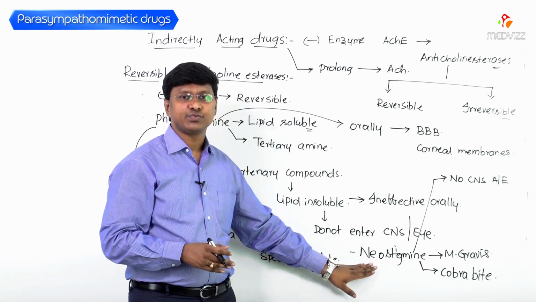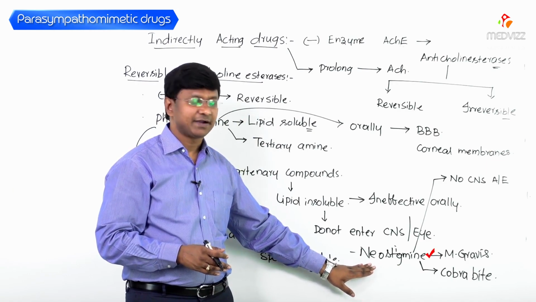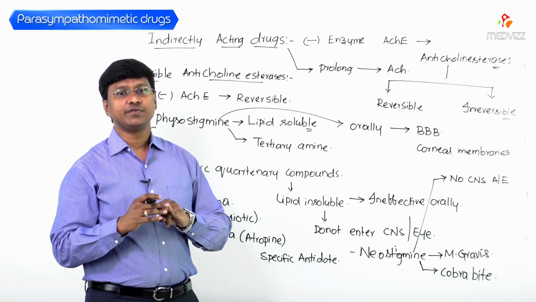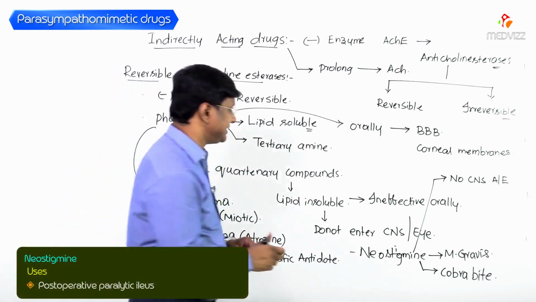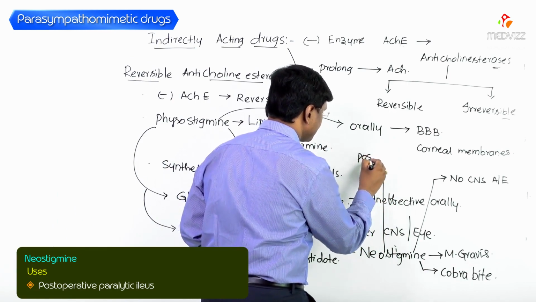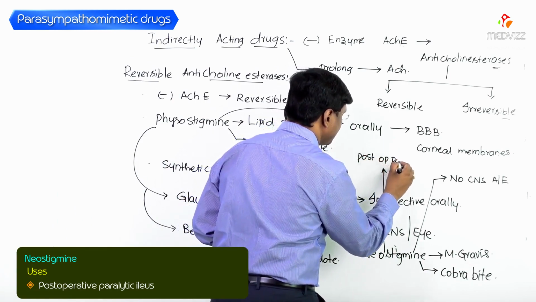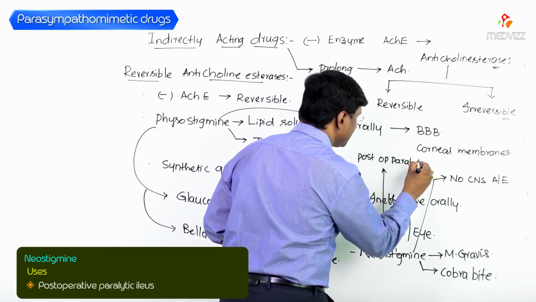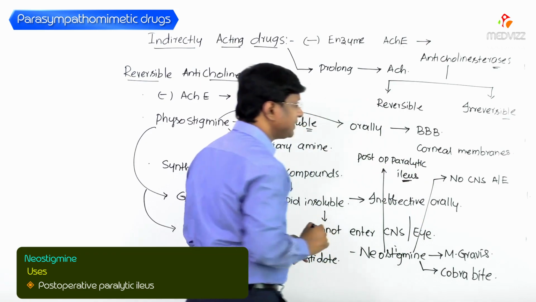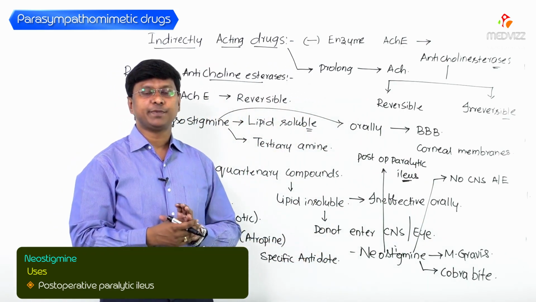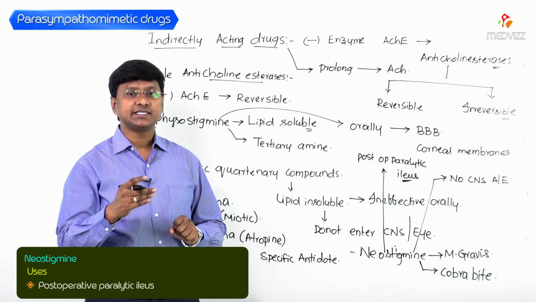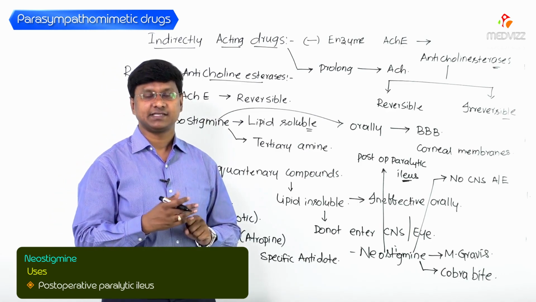The other places where we give Neostigmine, apart from these two conditions, is in post-operative paralytic ileus. Remember, in the post-operative state, under the effect of anesthesia, the intestines will be in a state of paralysis.